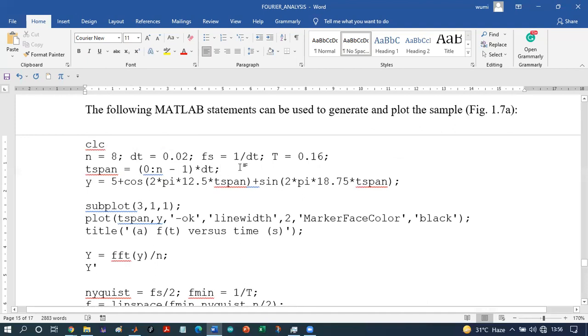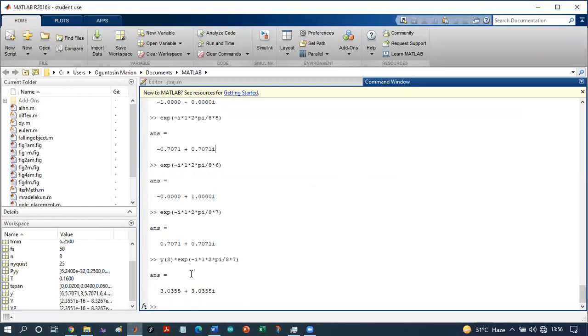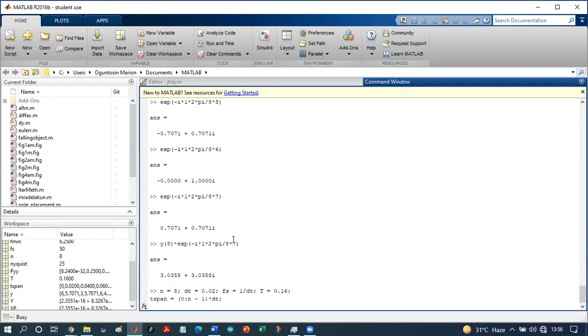So let me type the line in Matlab. So like I said previously, this calculation is kind of complex. So you should be able to use Matlab or work it by hand.